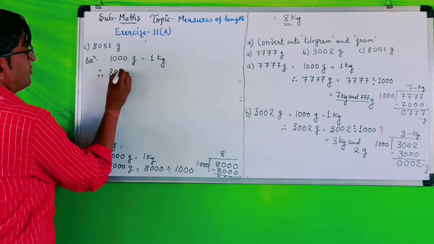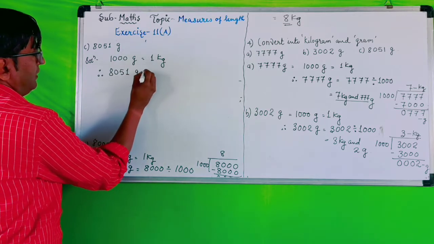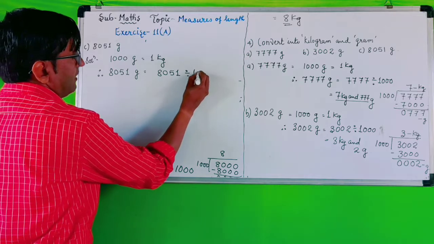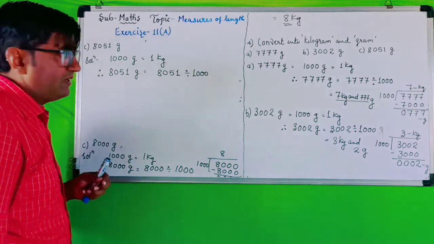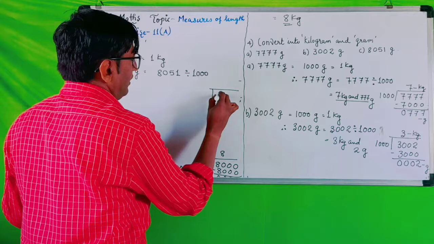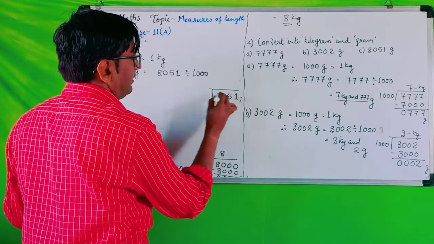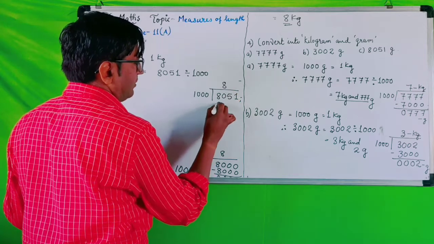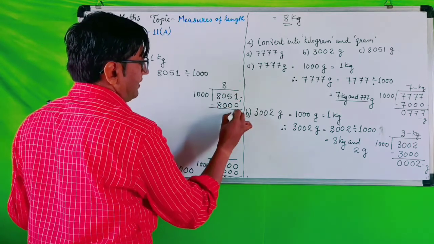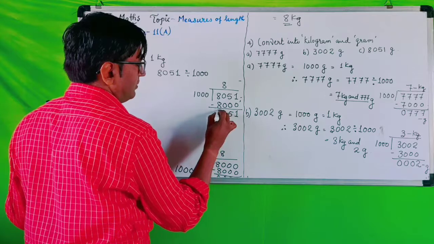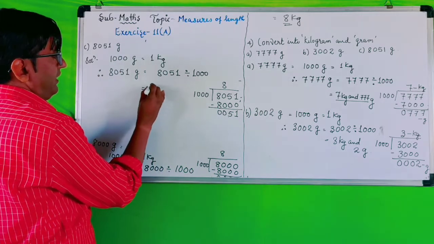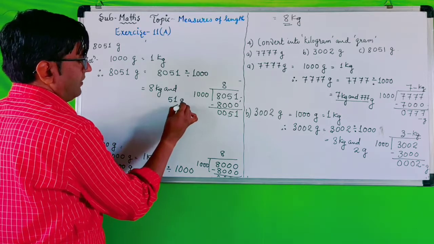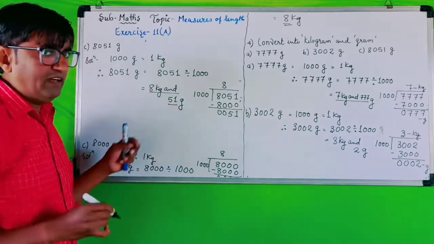Therefore, 8,051 gram equals 8,051 divided by 1,000. So 1,000 8 are 8,000. Therefore, 8 kg and 51 gram.